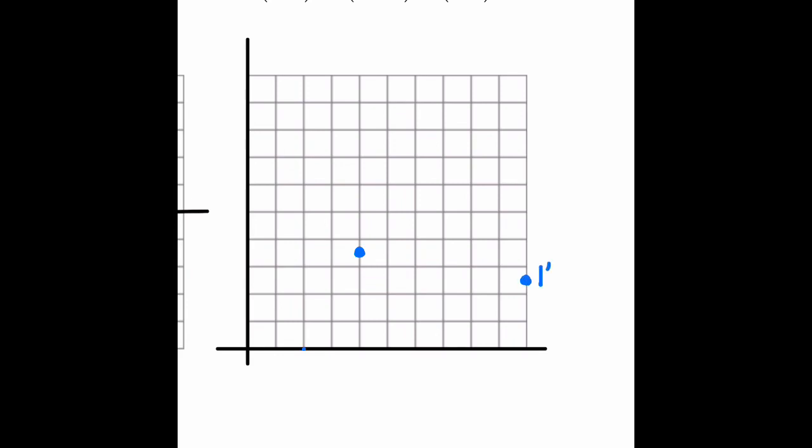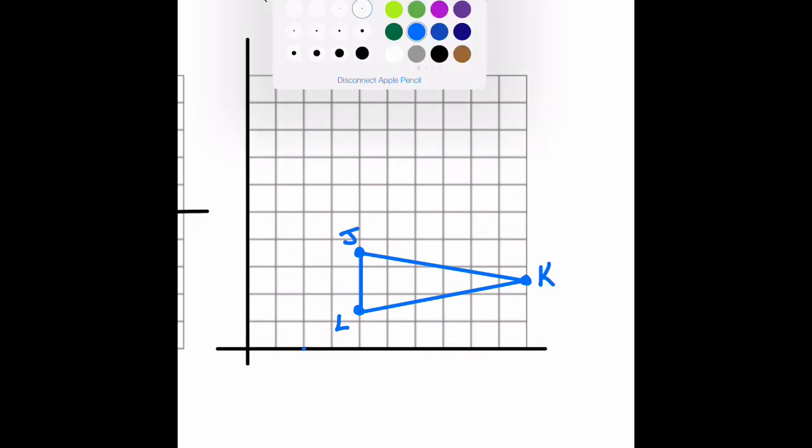This is K. This is J. And then L is at positive 8, positive 3, which is right here. So I have my triangle J, K, L.